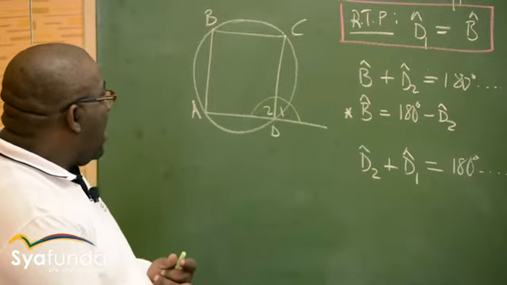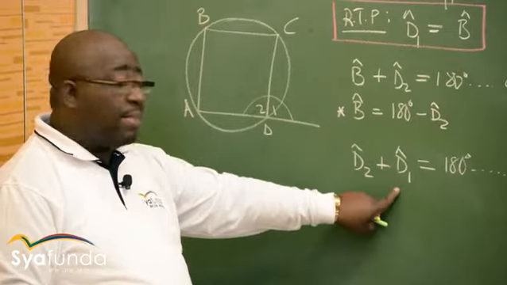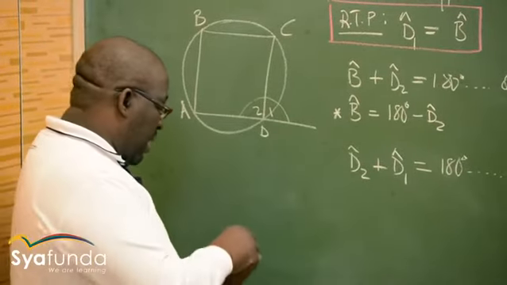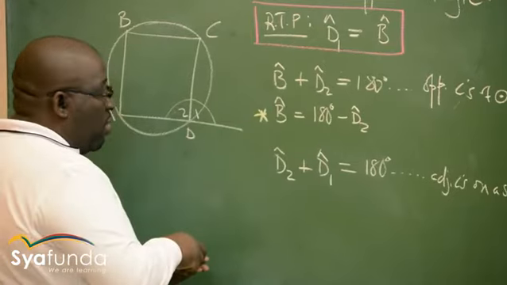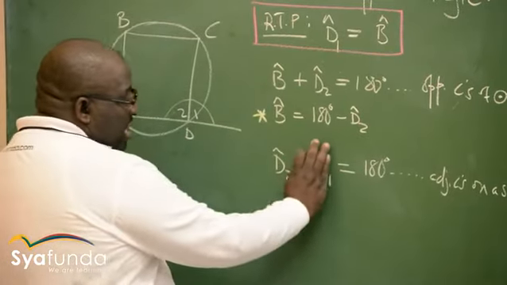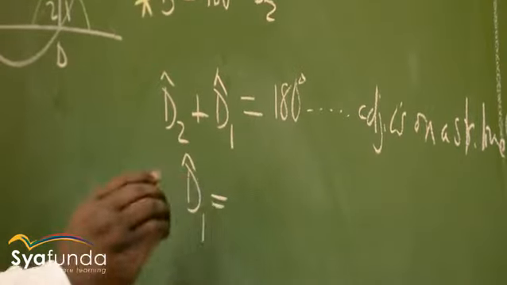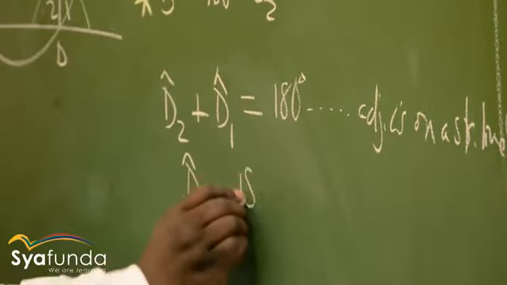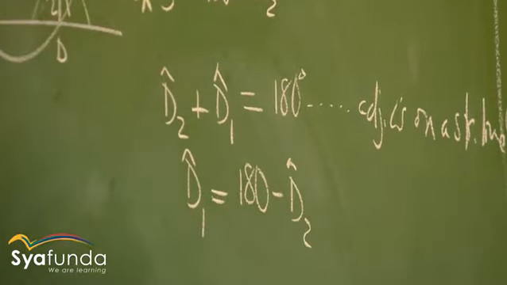Now, let's make D1 the subject of the formula. If we isolate D1, it will be equal to 180 degrees minus D2.